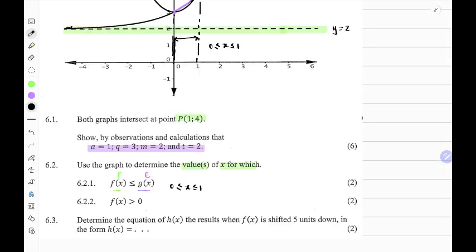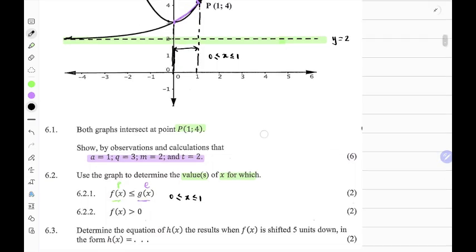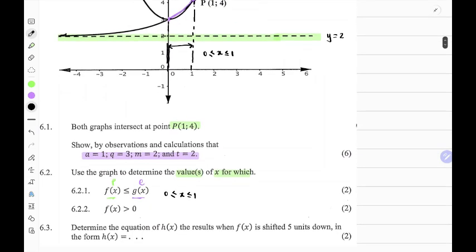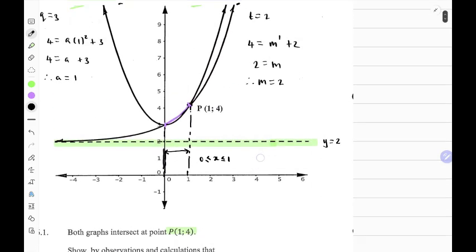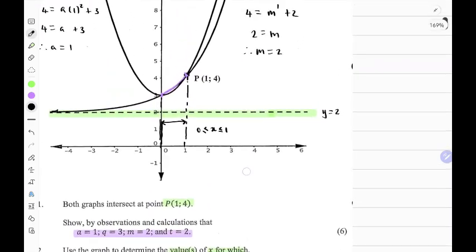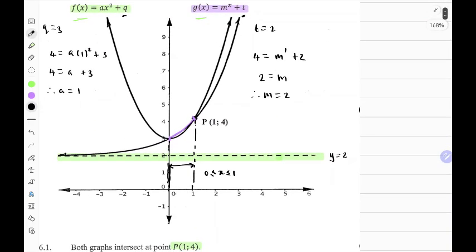And the second one is when f of x, the parabola, is positive. When it's greater than 0, it means it's positive, so it's above the x-axis. So for all x, the parabola is above the x-axis. There's no place on the graph where it's negative.